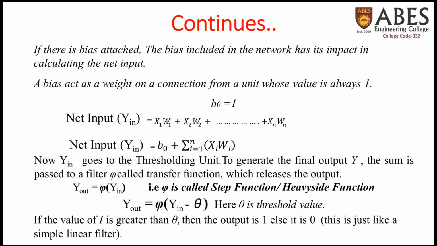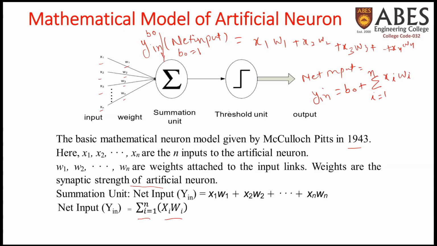So here is the bias that we attach, b0 plus the summation of xi wi. Now this net input goes to the thresholding unit. Here we apply some activation function.